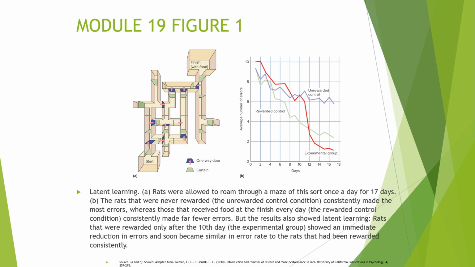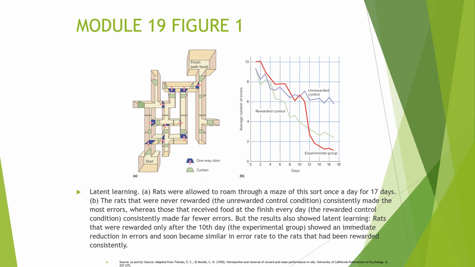So you can see with this group that was only reinforced after 10 days. They still were put in this maze every single day for 10 days, but they weren't reinforced. But they were learning about the maze and just exploring it. Then on day 10, they were reinforced.